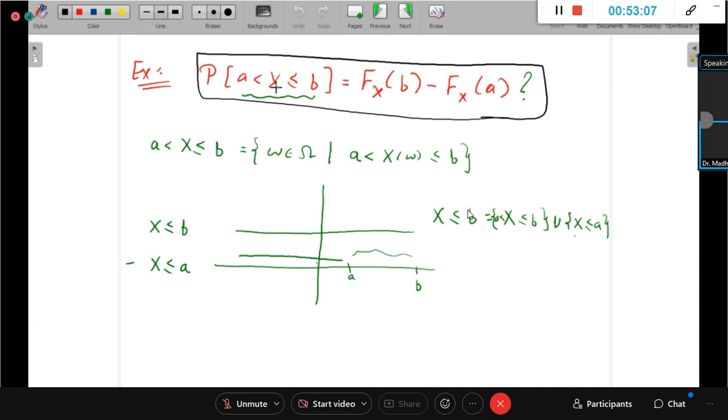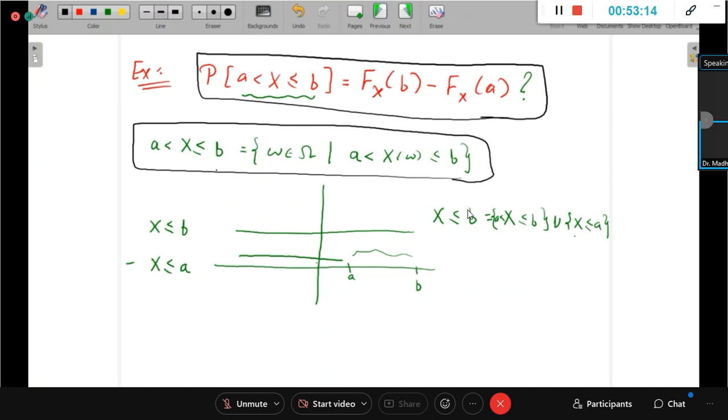Now if you look at this carefully, a less than X less than or equal to b is an event, a set of all outcomes such that this happens. Now, if you look at this graph, I can write this event. Suppose a is here, this real value, and b is here.